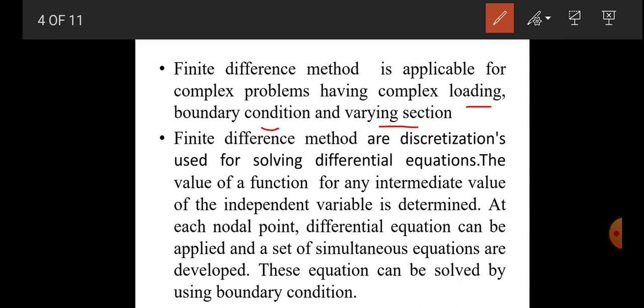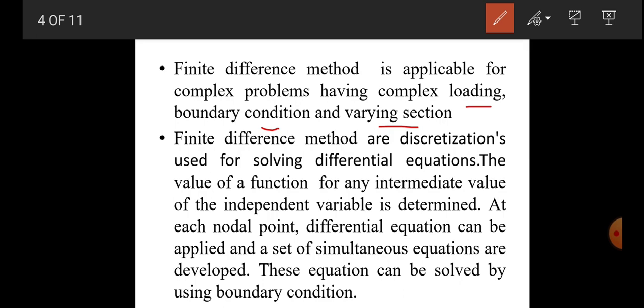So these are the cases where complex conditions are there. Loading may be varying, not uniform loading. Boundary conditions are somewhat complex, and sectional properties are also varying along the length of a section. In such a case, the finite difference method is applicable to solve such a complex problem.